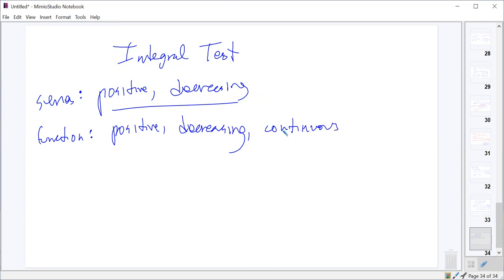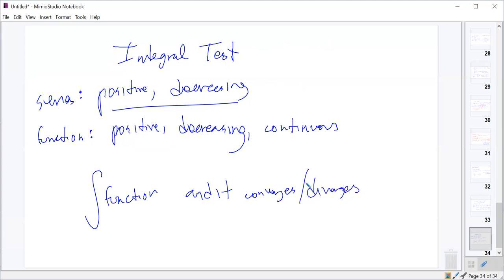Basically all the integral test says, and it's the way we proved the p-series test, is that all we have to do is integrate the function. If we integrate the function from wherever we're looking at, and it converges or diverges, then so does the series.